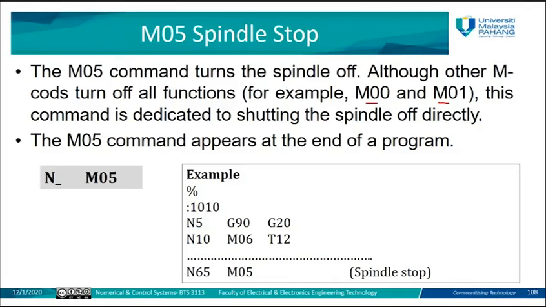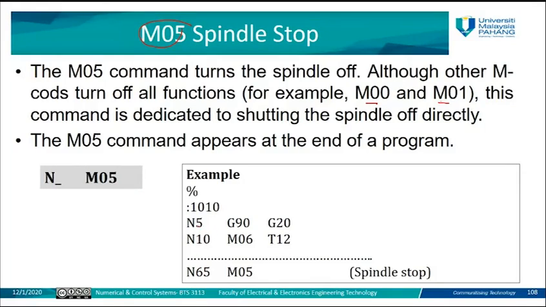That means M05 is specific to the spindle only, while M00 and M01 switch off all the machining parts. The M05 command appears in the program like the block number and then M05.